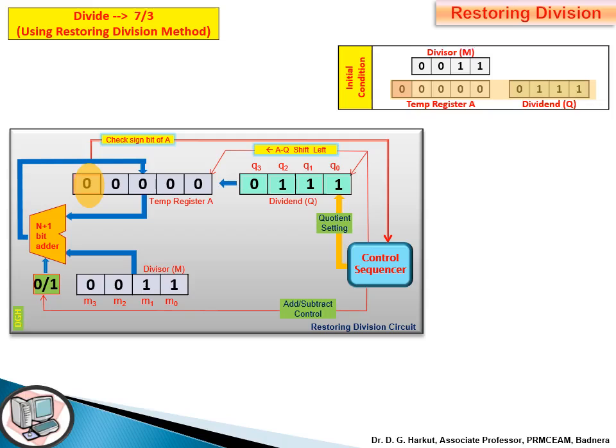Initially, the content of register M, register A, and register Q is like this. Register M is loaded with divisor, register Q is loaded with dividend, and register A is loaded with all zeros. First step is to left shift the content of register A and register Q one bit.